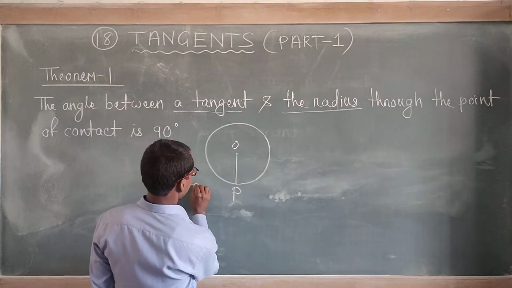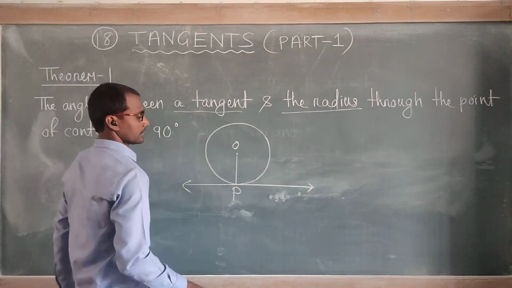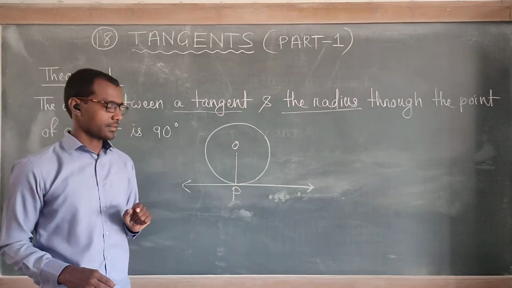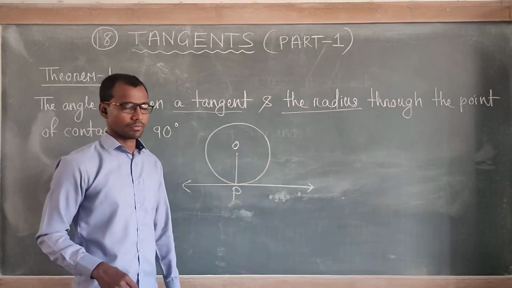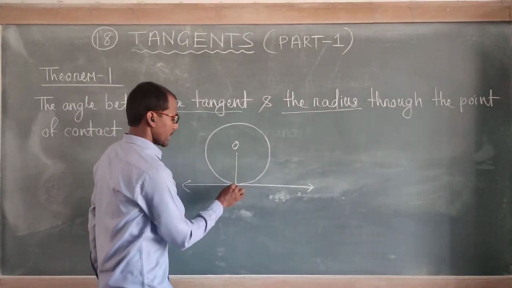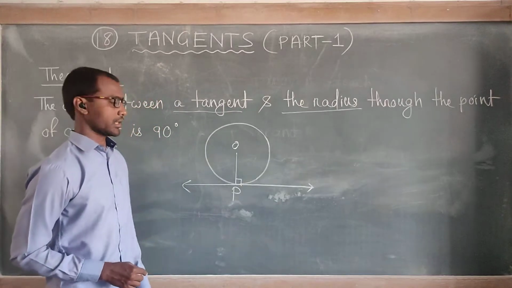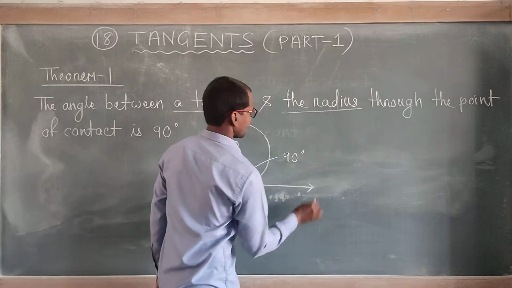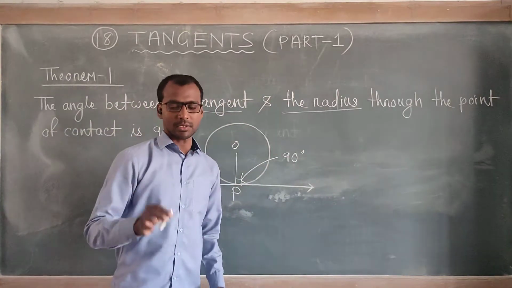So this is the tangent, and OP is the radius. They are touching each other at point P. Now the angle between the radius and the tangent through the point of contact is 90 degree. This is 90 degree. So remember the theorem: the angle between tangent and radius is 90 degree.